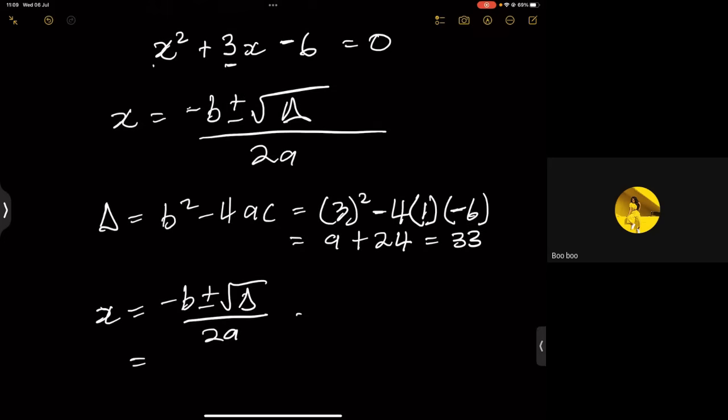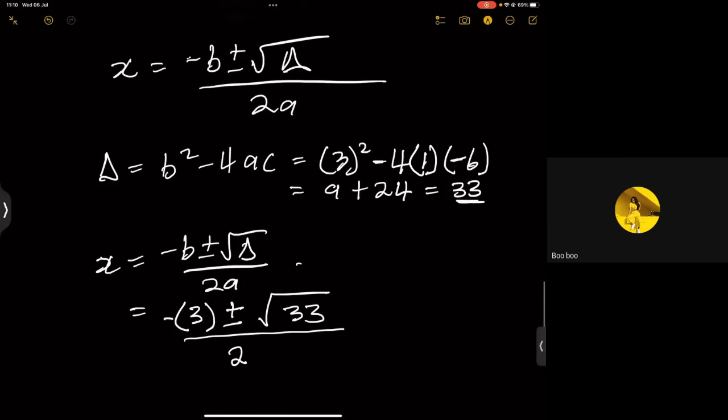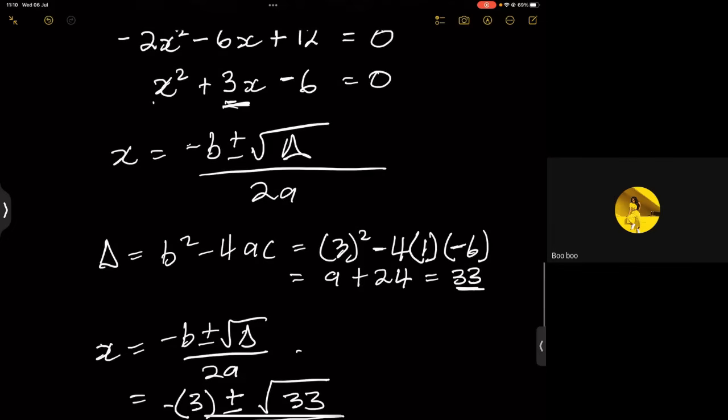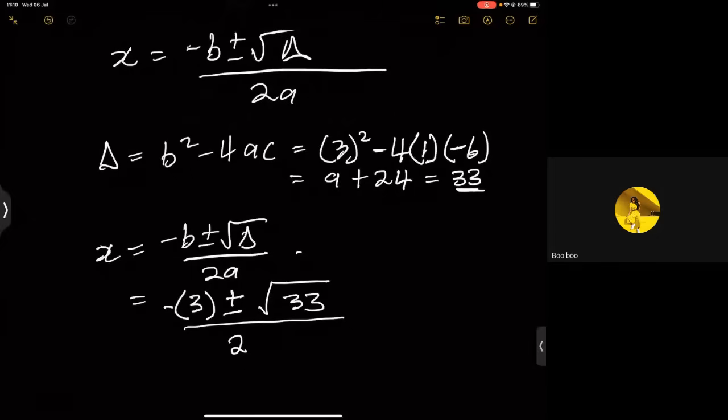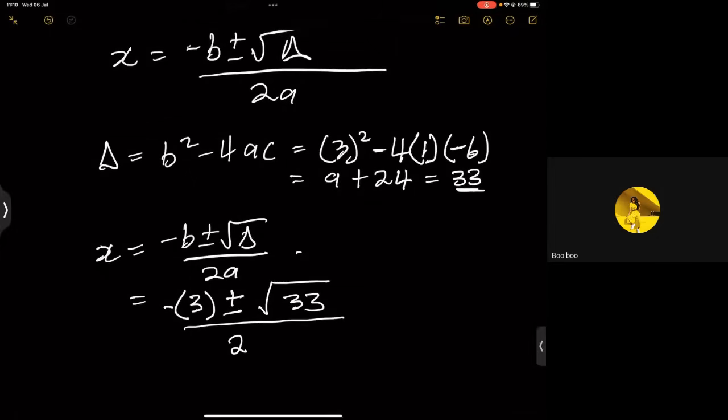That would be minus b. Remember, we said our b value is 3, plus or minus the square root of our delta value, which was 33, divided by 2 times our a value of 1, which is 2. Now let's find the values there.